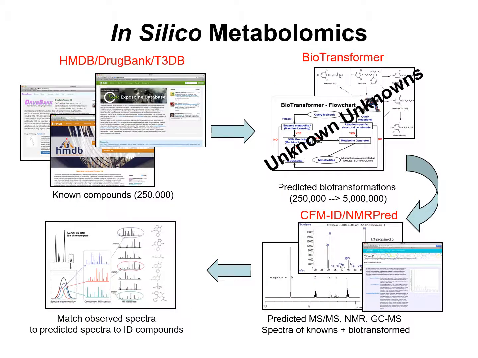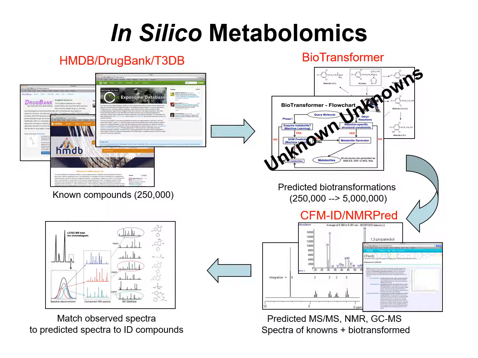So where are we? We have collections of databases, perhaps 250,000 compounds that we know should be in, say, the human body or should be in the environment. There are tools such as BioTransformer, which are able to take those known compounds and generate the biologically feasible structures.